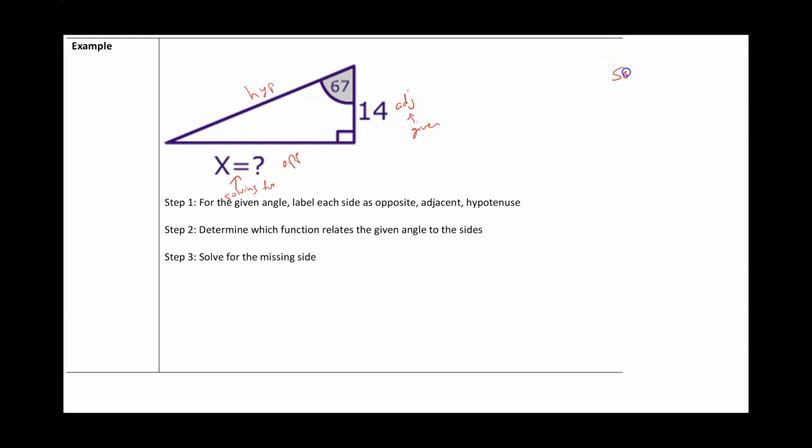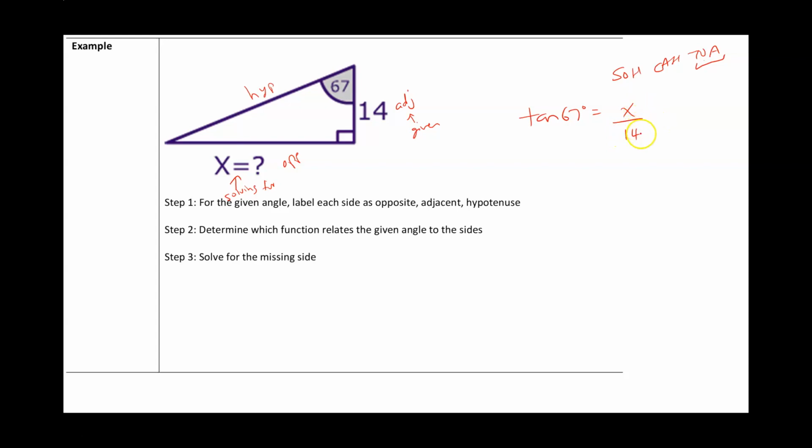In SOHCAHTOA, let's think about which function relates the opposite and the adjacent, because that's what's involved. Adjacent is what's given, opposite over adjacent, that is going to be the tangent function. So we're going to say that tangent of 67 degrees is equal to opposite, which is x, divided by the adjacent, which is 14.